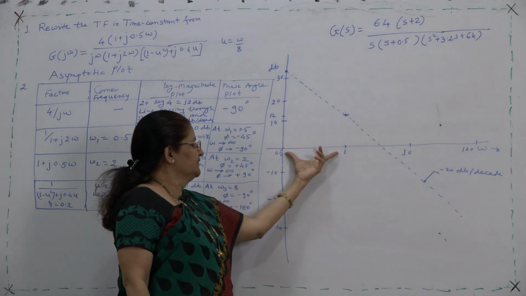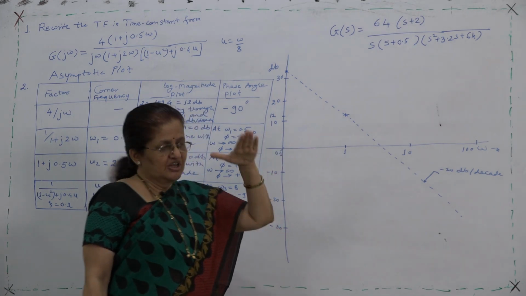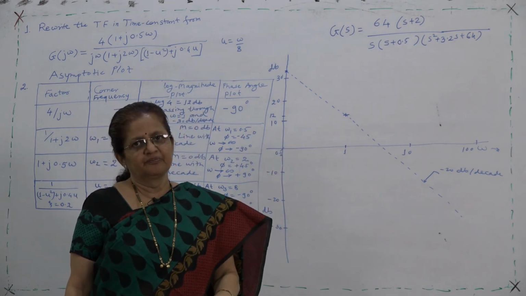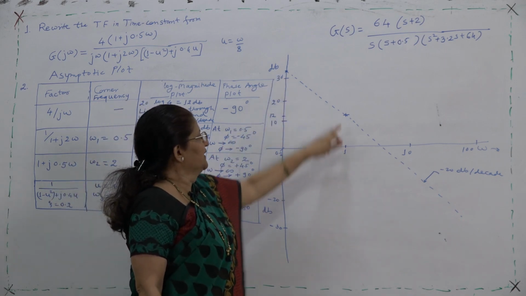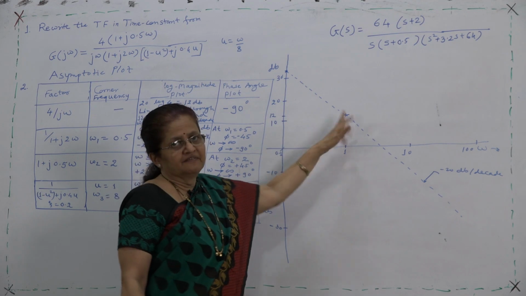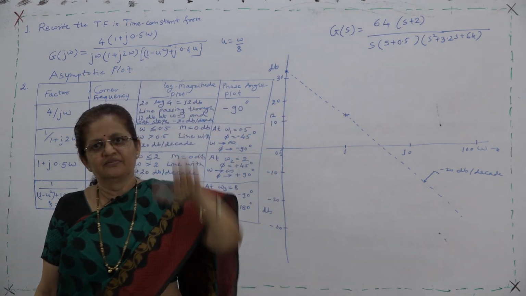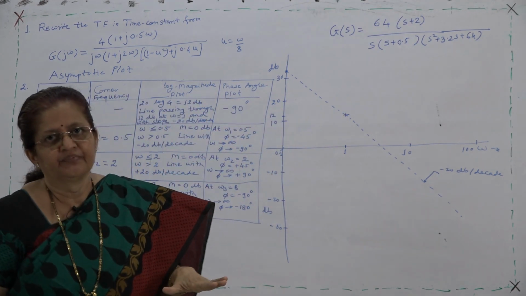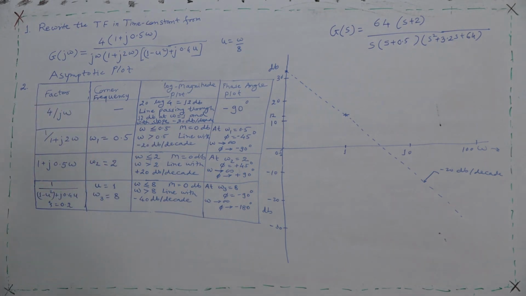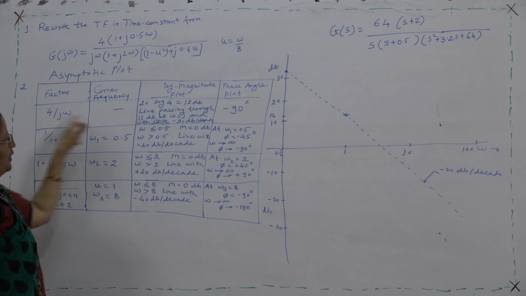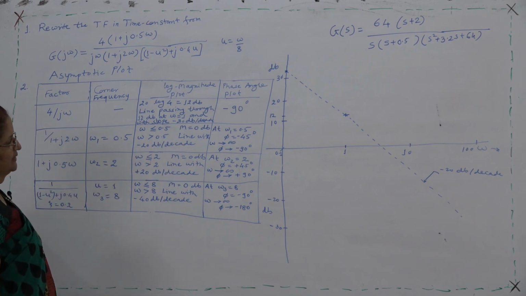Meaning is that within 1 decade change is 20 dB. So, what I am considering at 0.1 it is 32, at 1 it is 12, meaning is within 1 decade slope is 20 dB, okay, minus 20 dB, it is decreasing, and the first factor Bode plot is over.